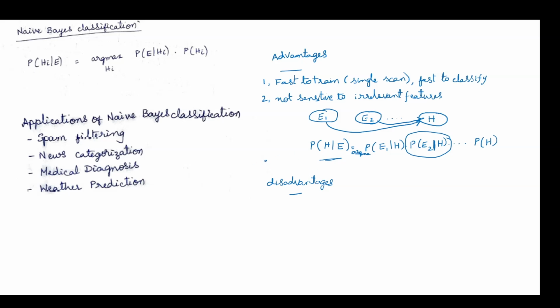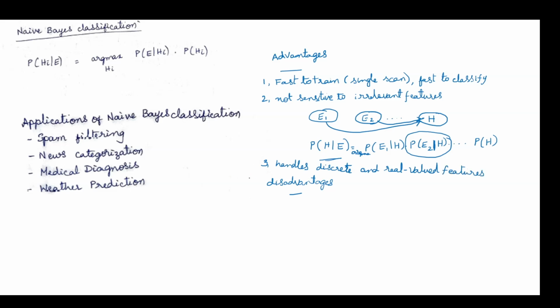Yet another advantage of naive Bayesian classification is that it works equally well on discrete as well as real valued features or attributes.